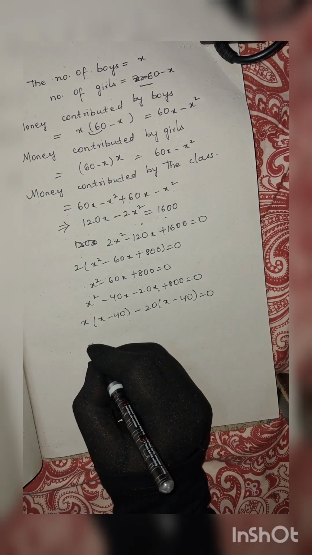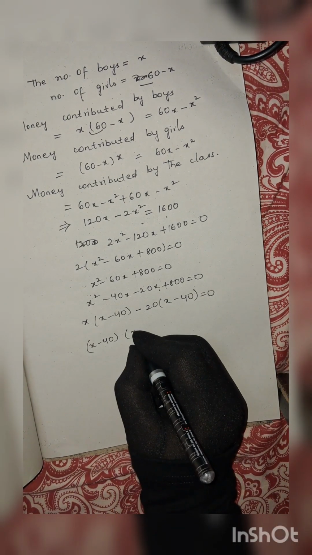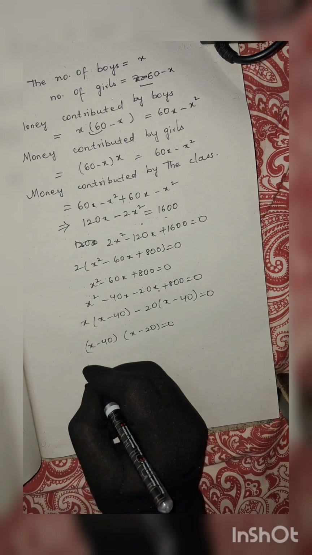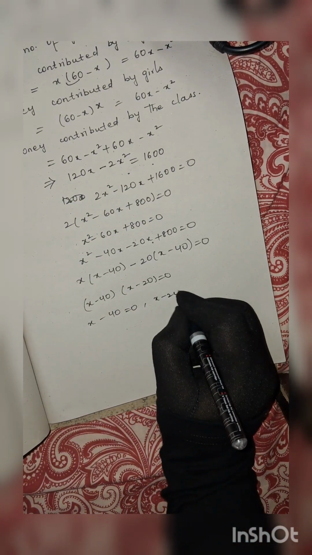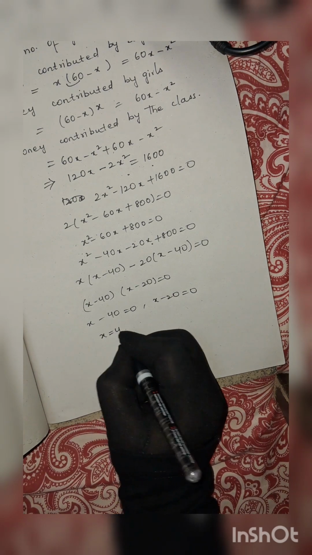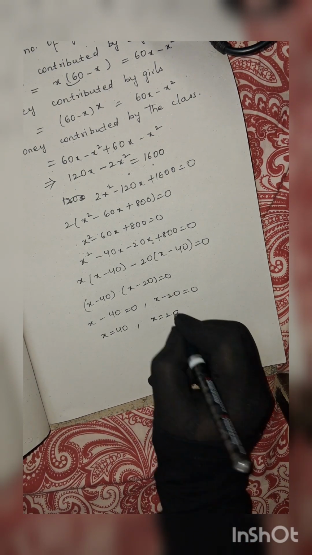So (x minus 40)(x minus 20) is equal to 0. So x minus 40 is equal to 0 and x minus 20 is equal to 0. So x is equal to 40 and x is equal to 20.